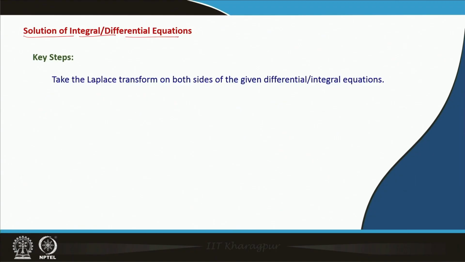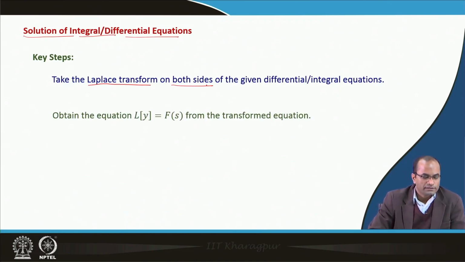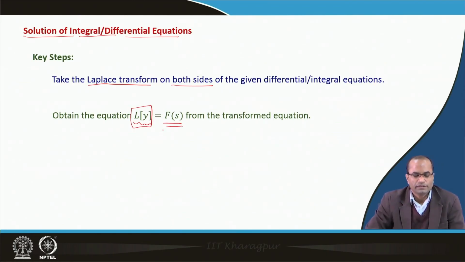So, in general when we are talking about the solution of integral or differential equations, these are the key steps we need to follow. The first is we need to take the Laplace transform on both the sides of the given differential or integral equation. The second step, we will simplify this to get something like Laplace of y is equal to some function of s from this transformed equation.